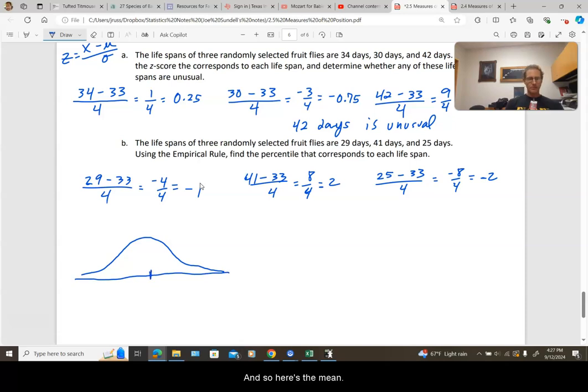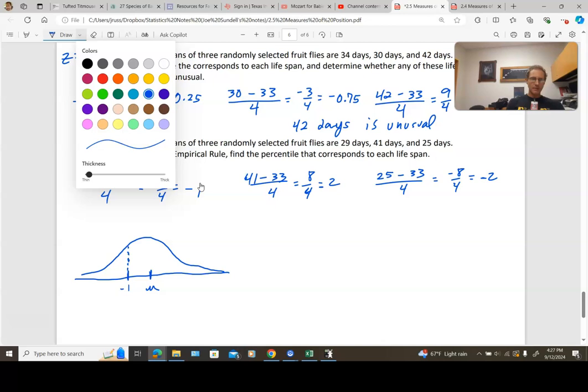And so here's the mean, and right here is negative 1. Okay, so this is what we're talking about right here. All right, so the percentile that corresponds to negative 1, or also that corresponds to this particular 29-day lifespan, is going to be essentially the area that's to the left.